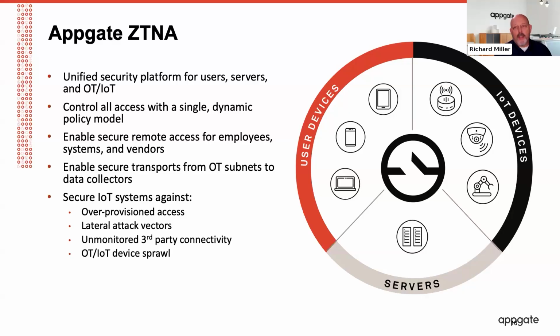And the AppGate model scales horizontally. It uses rules that you create just once, and then they get used over and over. So it's more of an investment in configuration time, and you don't have manual firewall rules.